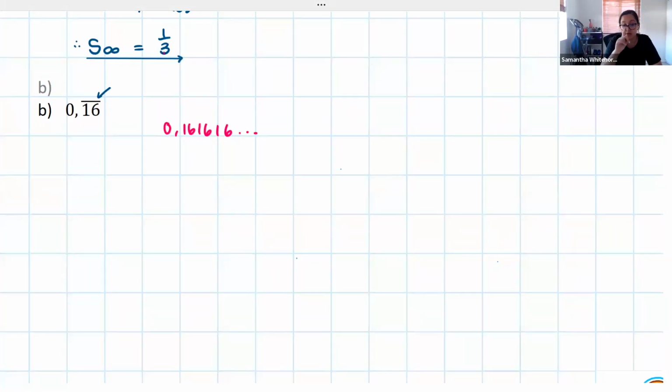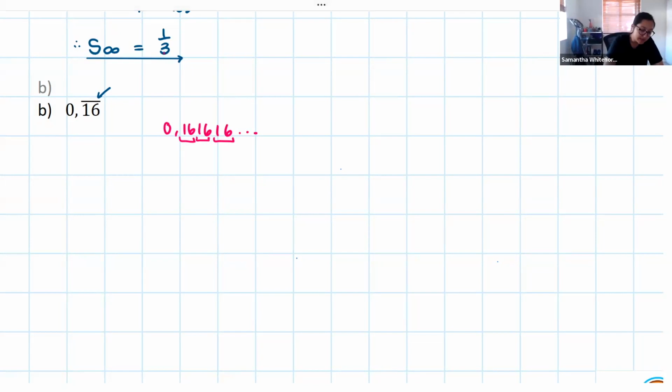So now I need to be careful because I don't really want to split up my recurring numbers. I want to keep the 16s as a group. We want to keep them as a pair because otherwise the recurring-ness of this pattern is lost. Because 1 and 6 separately is just 1 and 6, but the pattern is 1, 6, 1, 6, 1, 6. So we want to keep them as a pair.